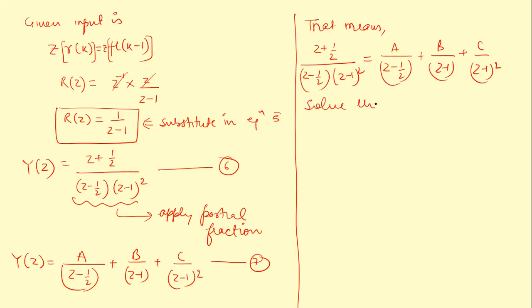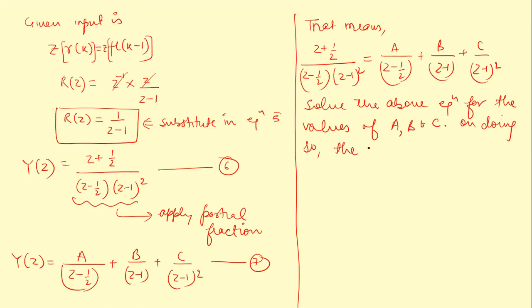So on solving the above equation for the values of A, B and C, the values obtained are: A will be equal to 4 and B is equal to minus 4 and C is equal to 3, right?